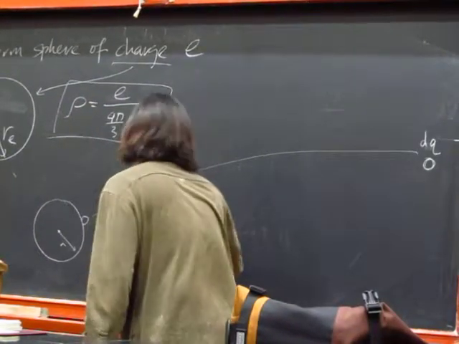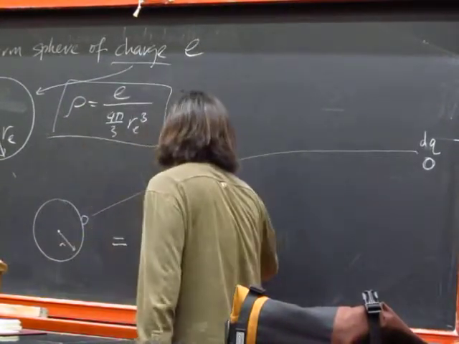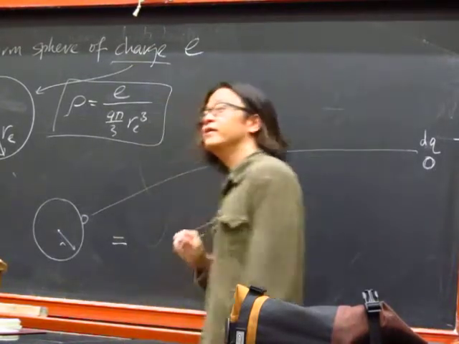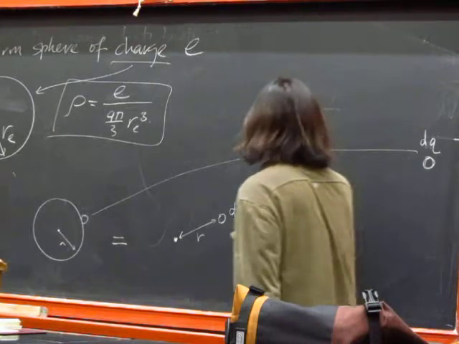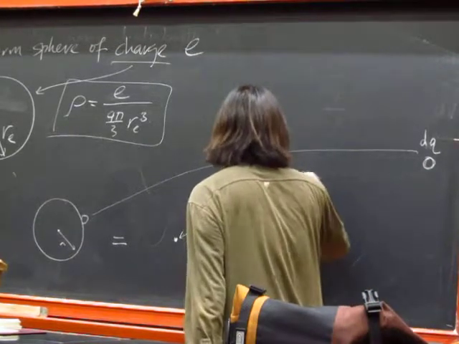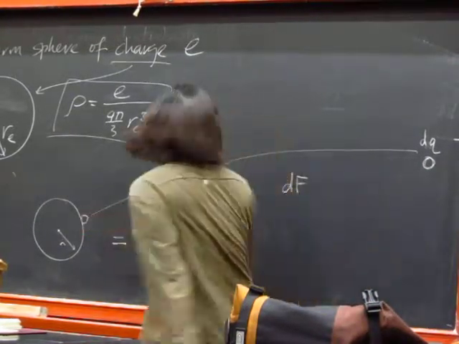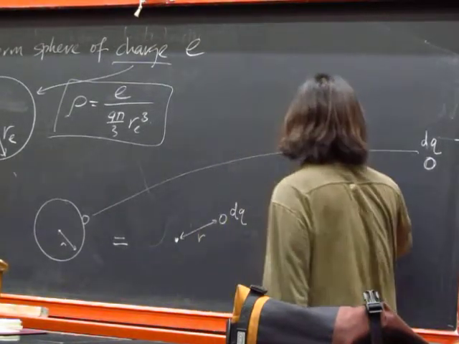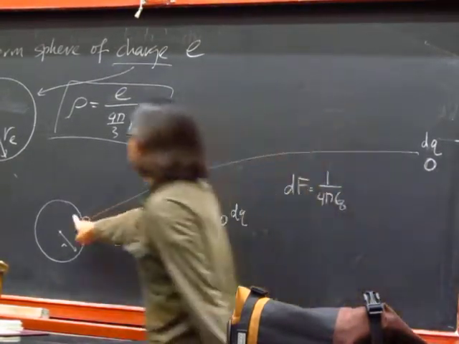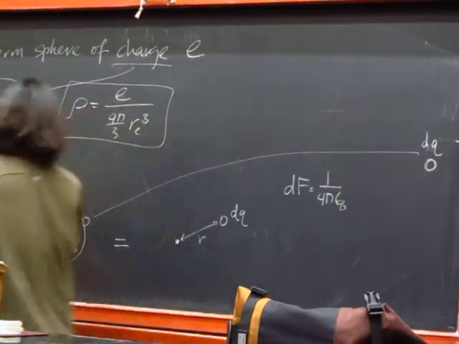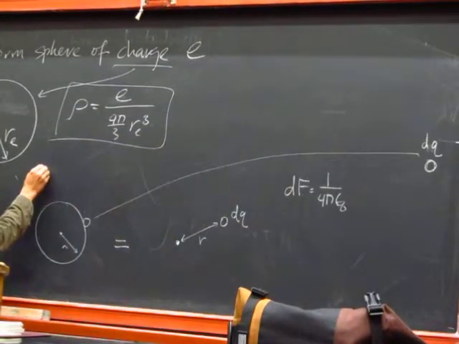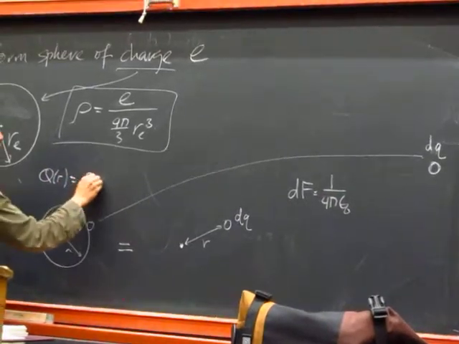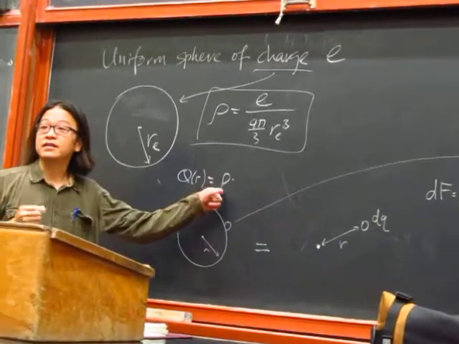So you have something charged in the center here, and dq over here at distance r. We know that the force here is just 1 over 4 pi epsilon naught. The total charge in this sphere, Q as a function of r, is just the density times the volume.